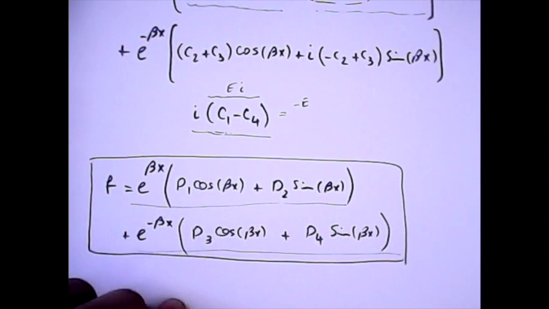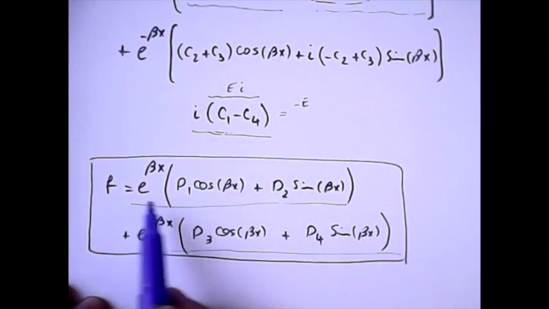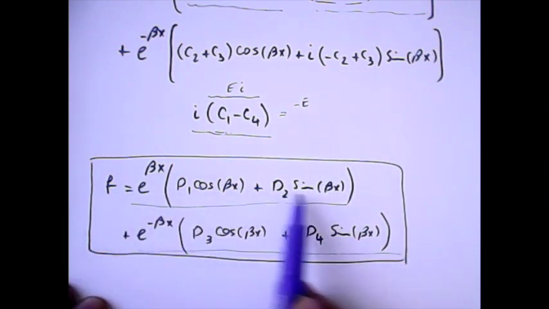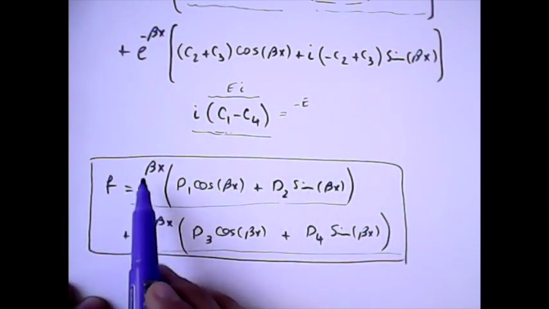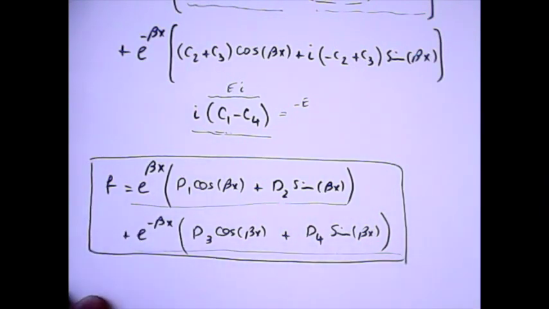There it is. If we make d1 0 and d2 0, we essentially get rid of this inconvenient term with e to the power plus beta x. So we make sure that our solution would not blow up as we go to x equal infinity.